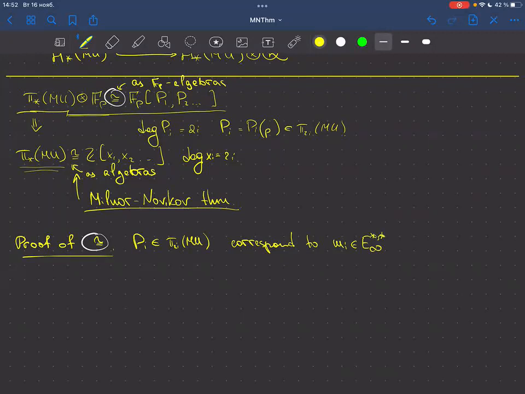Then, since the m_i are linearly independent in the Adams spectral sequence, we have that the monomials p^alpha, which is p_1^alpha_1 ... p_r^alpha_r, are linearly independent.